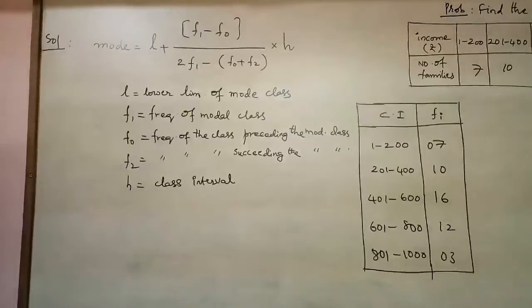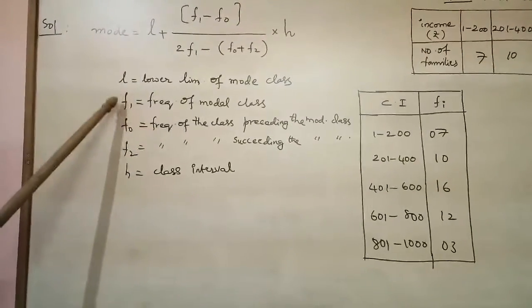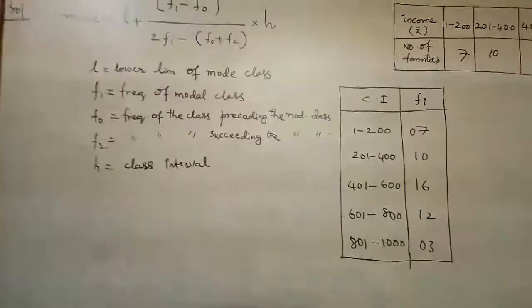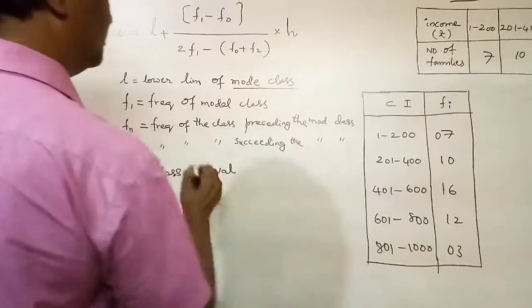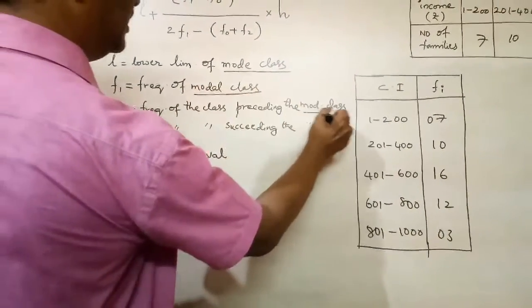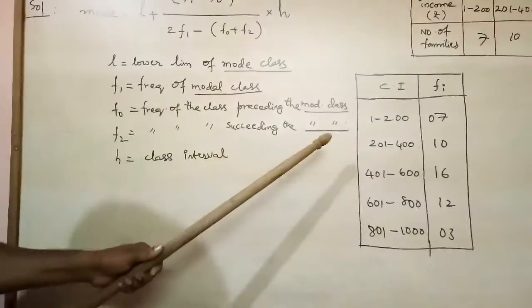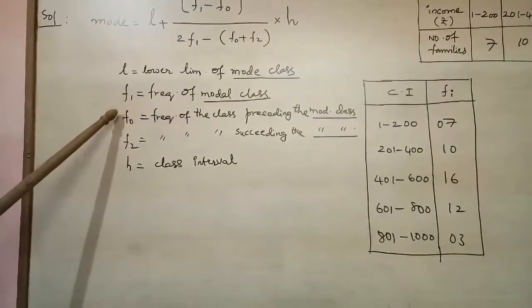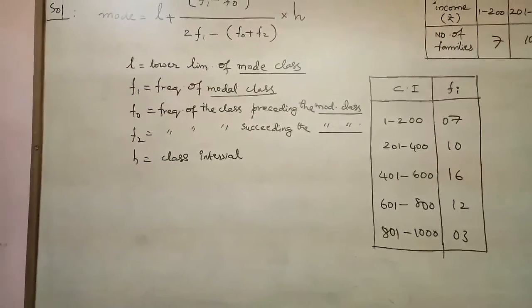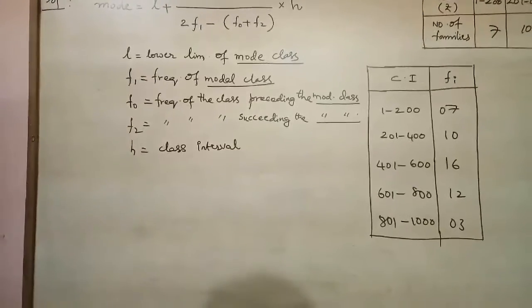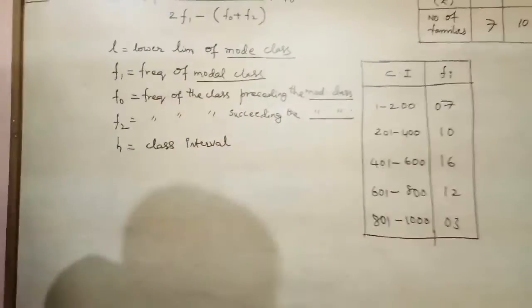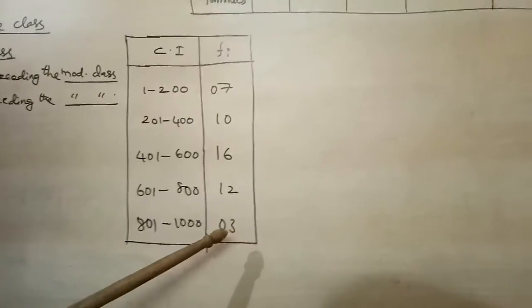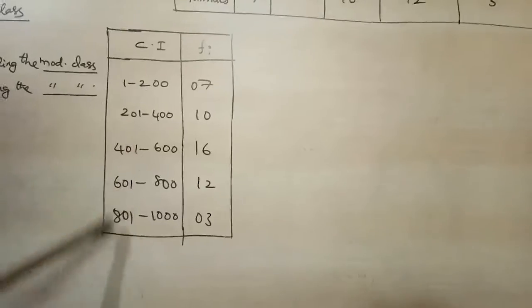These are required: L, F1, F0, F2, H. Without knowing the model class, we cannot find L, F1, F0, F2. Therefore, we have to know the model class. To decide the model class, observe the frequencies. We have 5 class intervals.